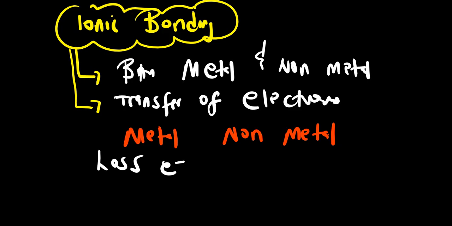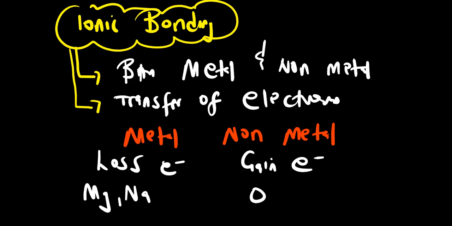Non-metals are fond of gaining electrons. Examples of metals are magnesium and sodium. Non-metals are things like oxygen and fluorine.